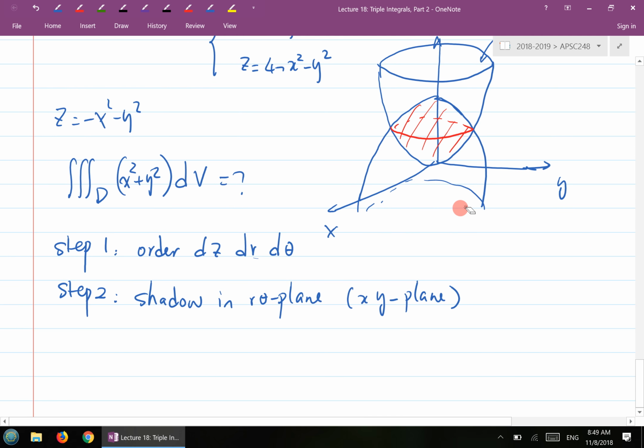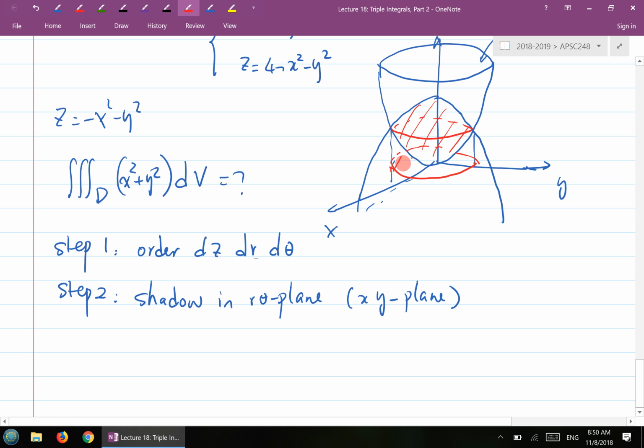So if I look at my current 3D object, this region D, this is the reason why I'm drawing this edge here. If I project this region D into the xy plane, here's one edge, here's another edge. Once you project, you get this shadow here.